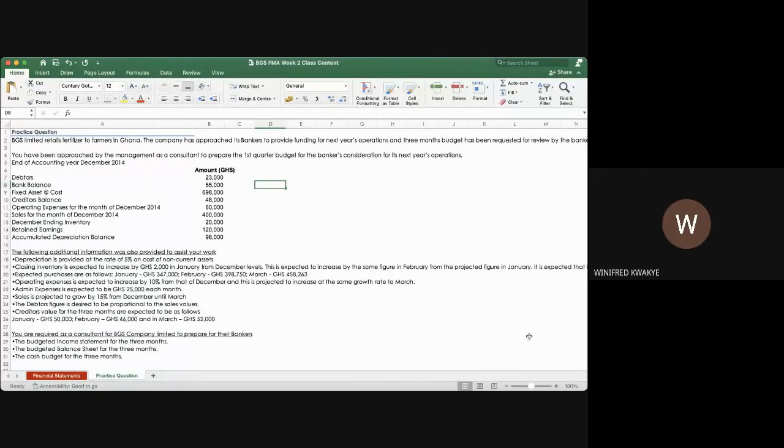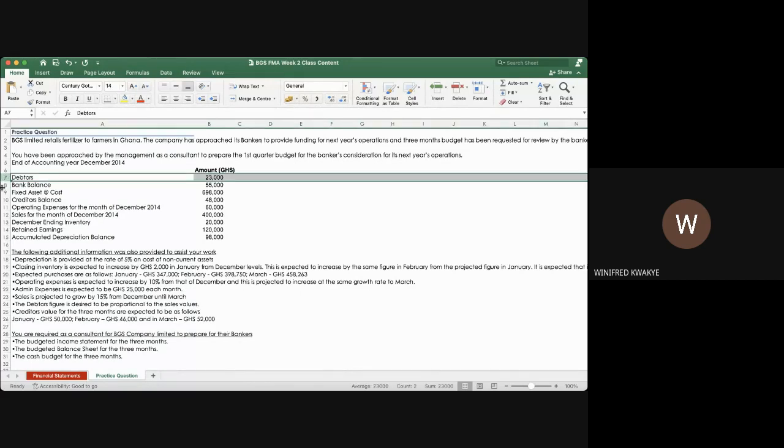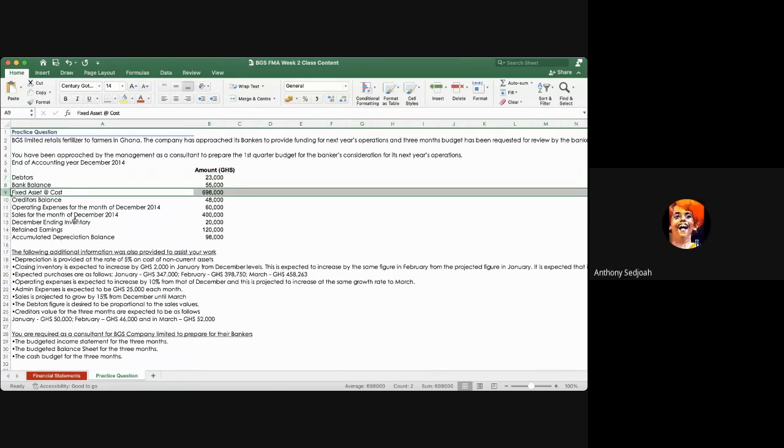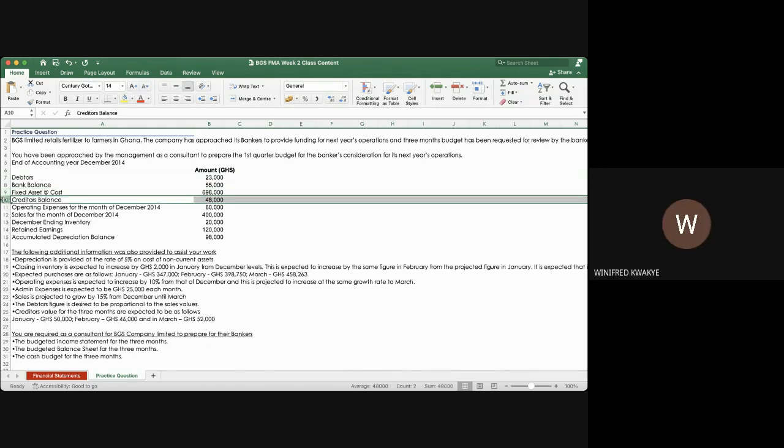Okay, so they have debtors and then the amounts. Bank balance 23,000. Fixed assets at cost is 55,000. Sorry, bank balance is 55,000. Yes. At cost is 698,000. Creditors is 48,000.